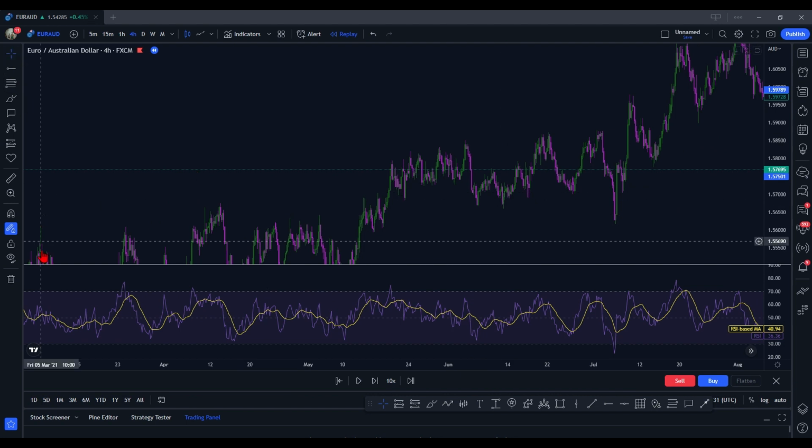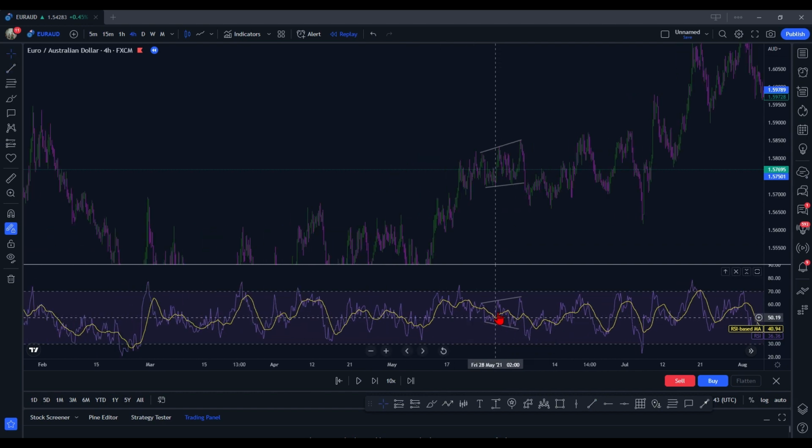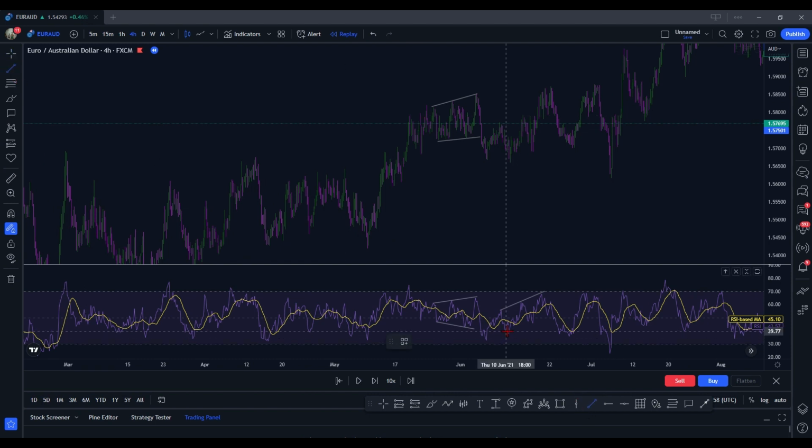For example, if I just pick out something like this over here, just a little bit of structure, and then I pick out something here. This is how I used to use it, and I used to see structure on structure and then be like, oh, okay, that's interesting, but I didn't really understand what these structures meant, which is something very important for all traders: understanding what you're using your structures for and how you're trading them.